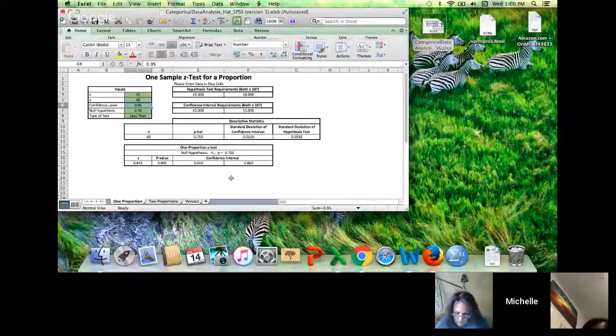Over n, which is 60. And it's the square root, right? Oh, shoot, I forgot the square root. So where does the square root always go? Is p always equal to p with the hat?